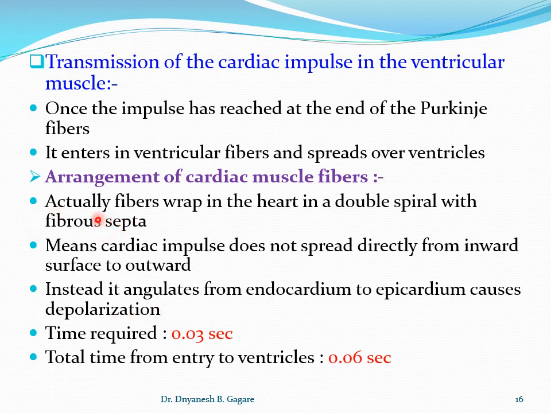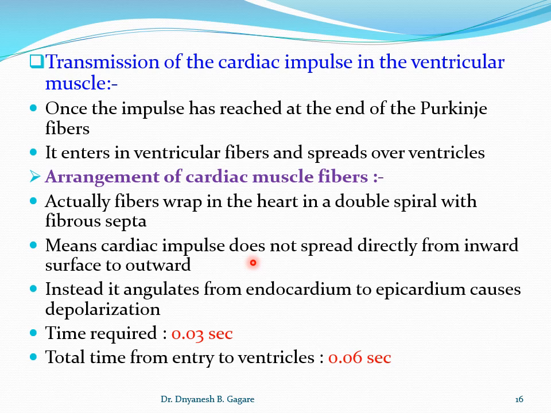The fibers wrap in the heart in a double spiral with the fibrous septa. Even in atria and ventricles, the fibers wrap around the fibrous septa, and this arrangement is a double spiral with the fibrous septa.